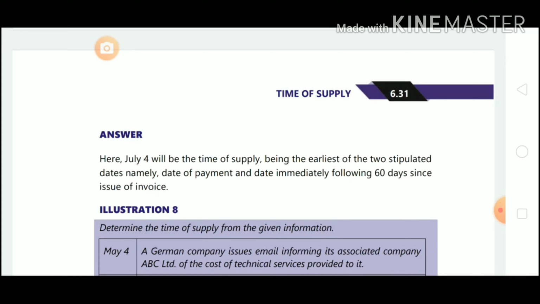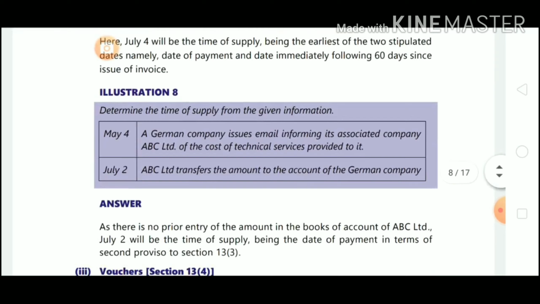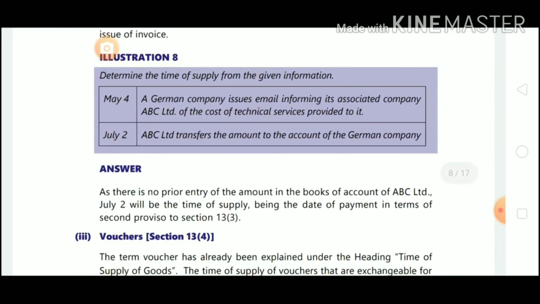Illustration 8. Determine the time of supply from the given information. May 4, a German company issues email informing its associated company ABC Limited of the cost of technical services provided to it. July 2, ABC Limited transfers the amount to the account of German company.